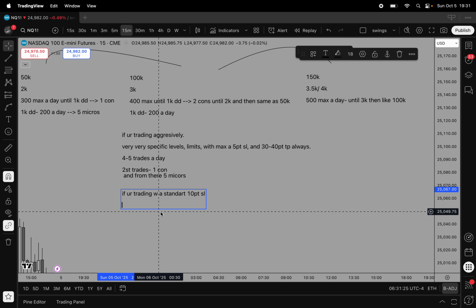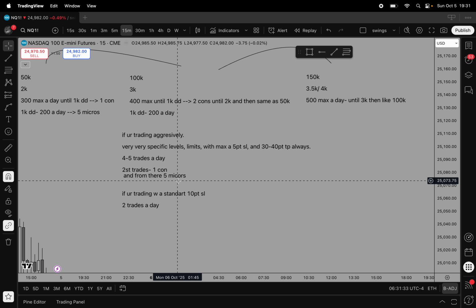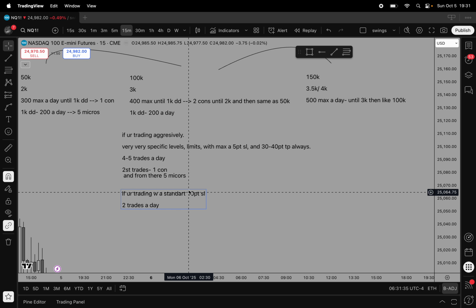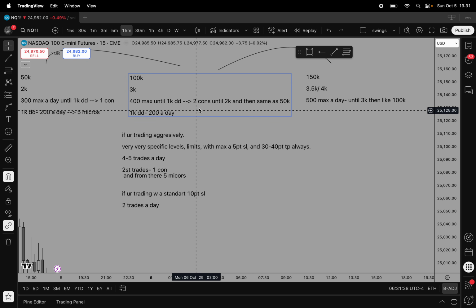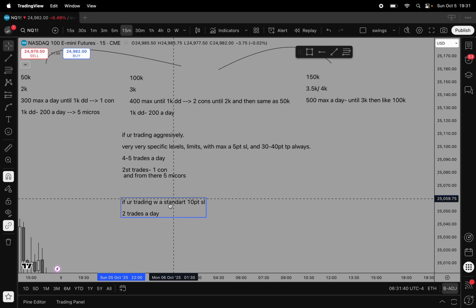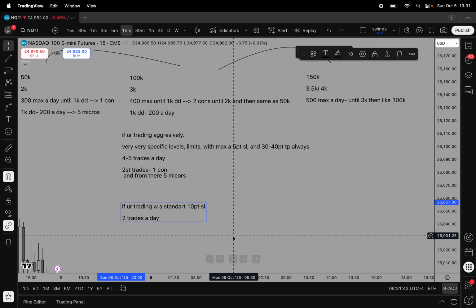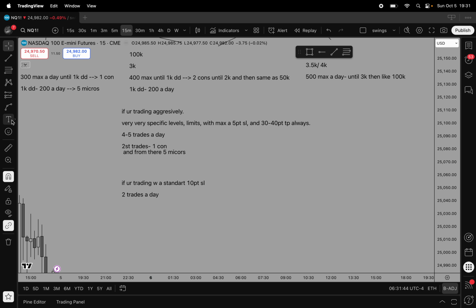If you're trading with a standard stop loss, I wouldn't do more than 2 trades a day. Okay, so just the one contract, that's minus 200, and then with 5 micros, pretty much this. Same with this, same with this. Just following whatever.